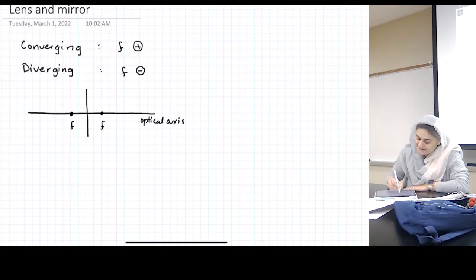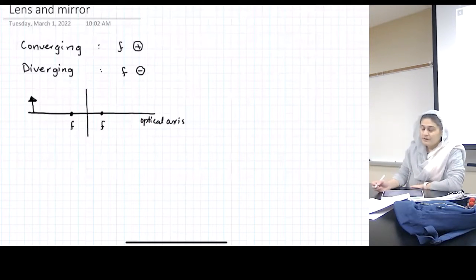The object is placed here. Usually the objects are drawn like this, and placed in front of the mirror or lens.